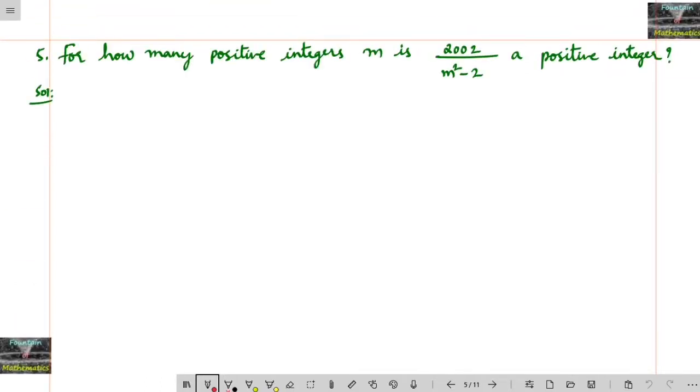For how many positive integers m is 2002 upon m square minus 2 a positive integer? 2002 upon m square minus 2 should be a positive integer.